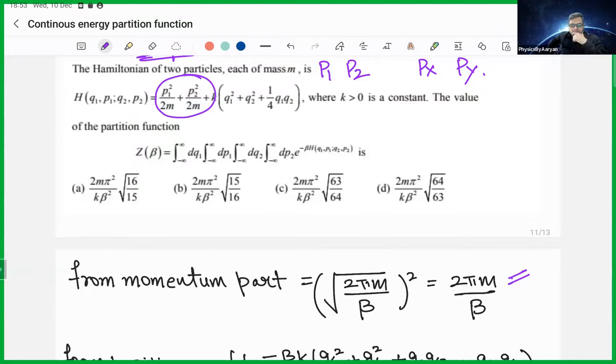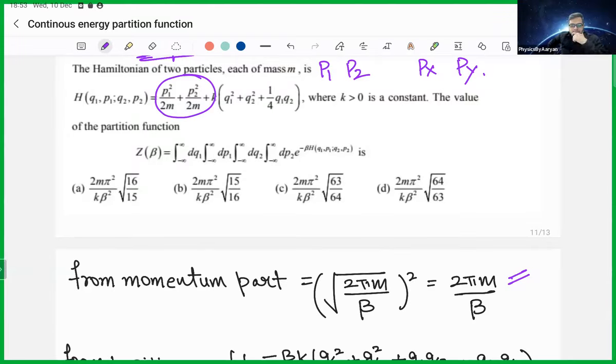Trick number one. Not a trick, it's a very deep concept of Gaussian integrals. First, split this term. 1 by 4 q1 q2 can be written as 1 by 8 q1 q2 plus 1 by 8 q2 q1. It's the same thing. 1 by 8 xy and 1 by 8 yx is the same thing.